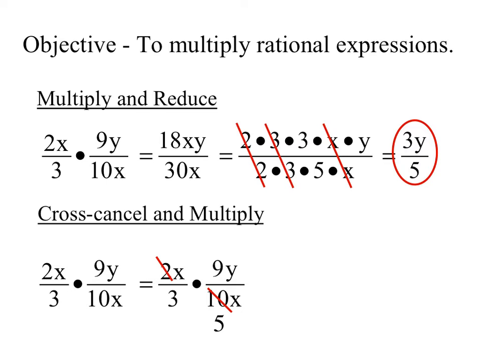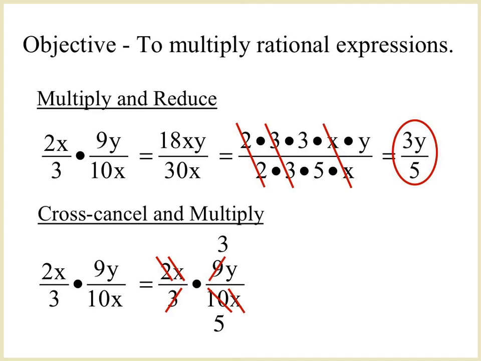in the denominator. The common factor among x and x in the numerator and denominator is x, and I'm really left with a 1 and a 1. Now I can divide out a common factor of 3 and 9, and I'm left with a 3 in the numerator. And so what's left is the answer.